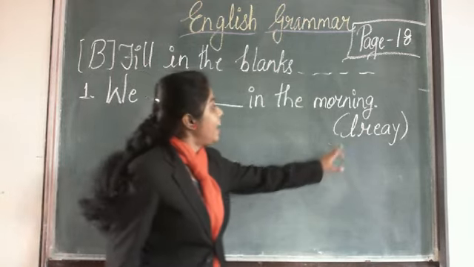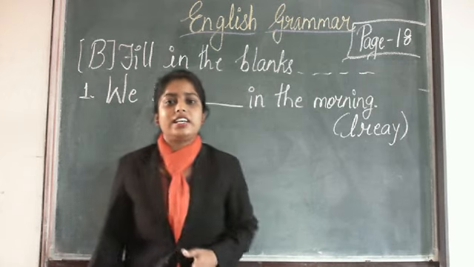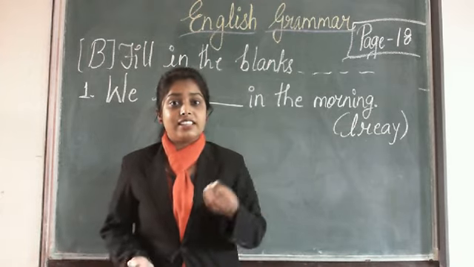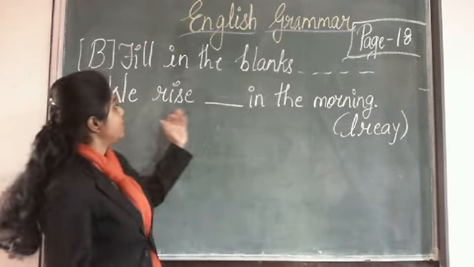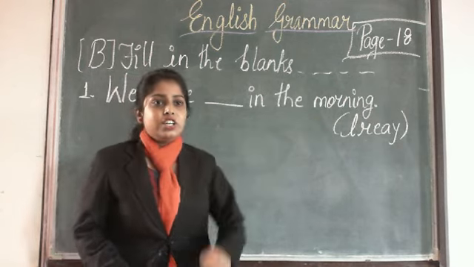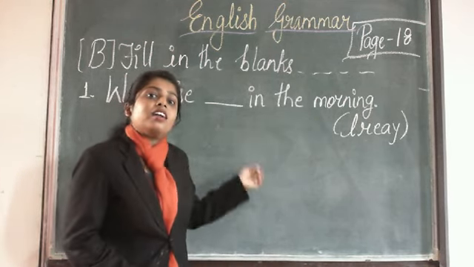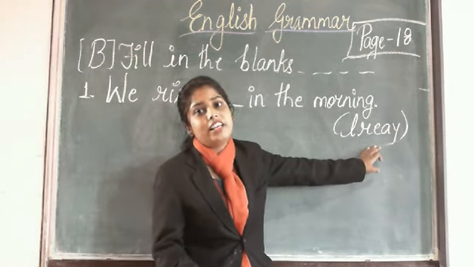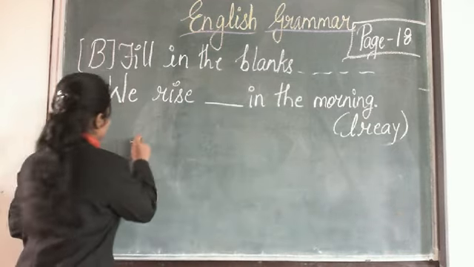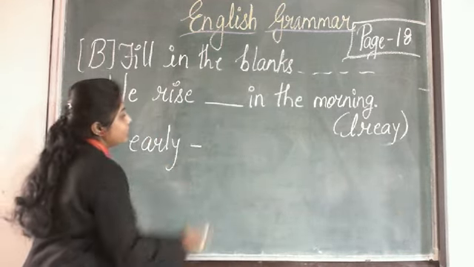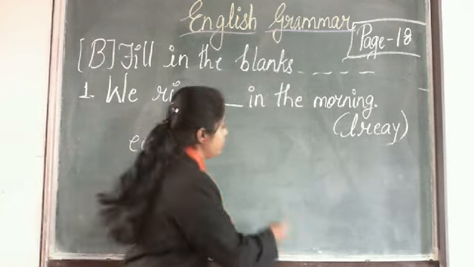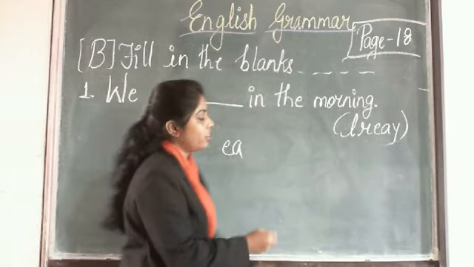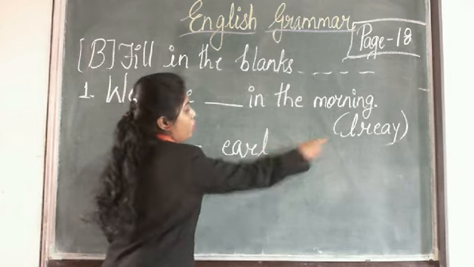L-R-E-A-Y. पहले तो you guys tell me कि how we should be rising in the morning. Early ना, हमें जल्दी उठना चाहिए, so हम जल्दी उठते हैं. Maybe the sentence wants to teach us this. So we rise maybe early in the morning. So let's see कि these scrambled letters make the word early or not. The spelling of early is E-A-R-L-Y. It is having an E, an A, R is also there, L is also there, Y is also there.